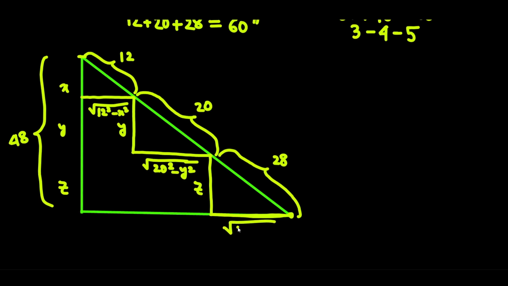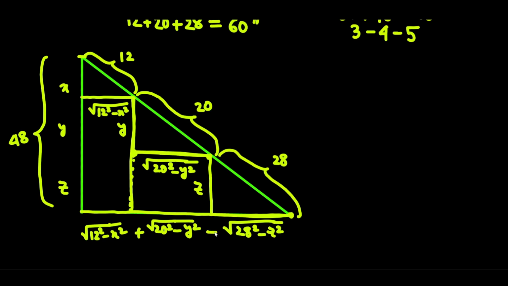And this is 28 square minus z square. Well, I can shift this line below. This will be exactly root over 20 square minus y square, and this part will be exactly root over 12 square minus x square.